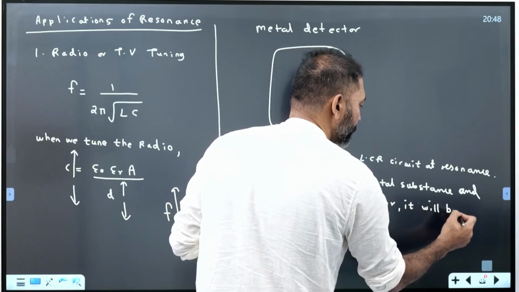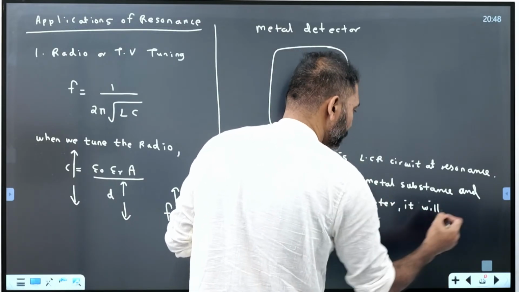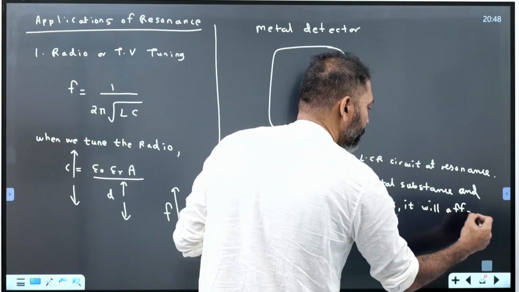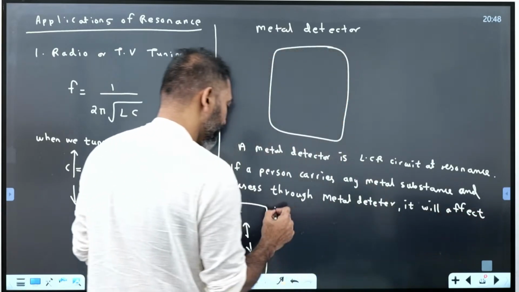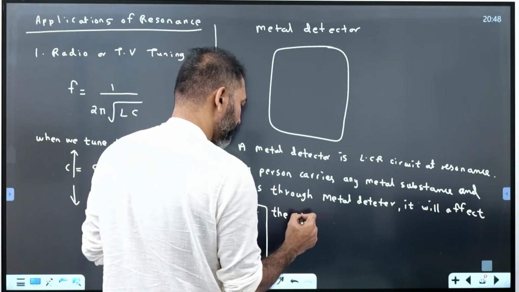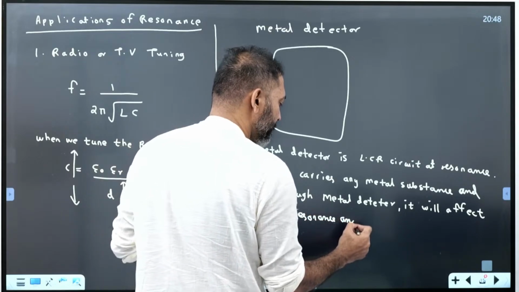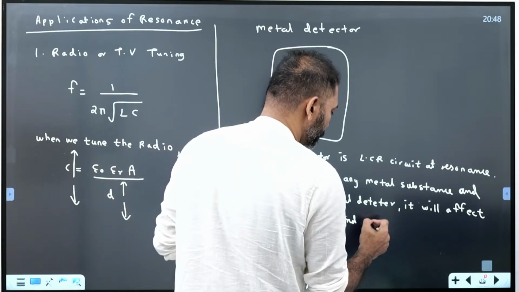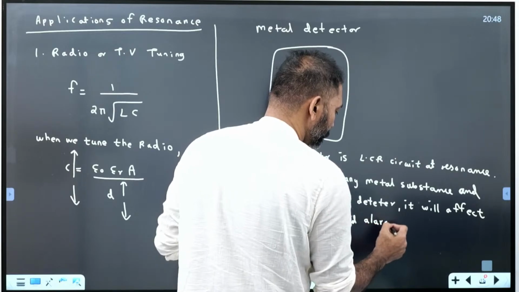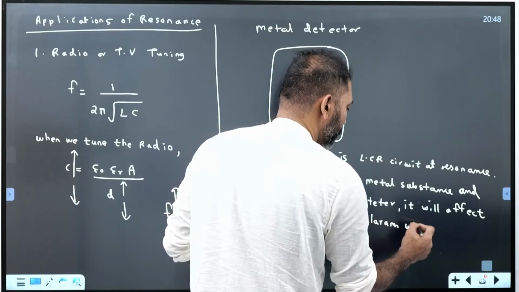It will affect the resonance and the alarm will be on.